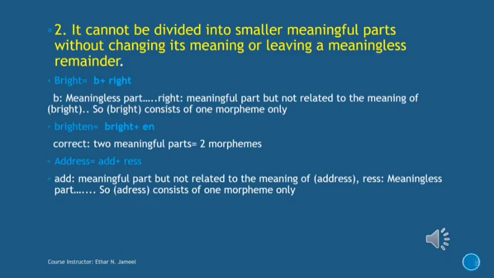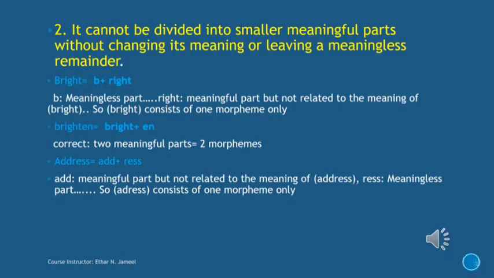A word can be divided into morphemes, but the morpheme cannot be divided in two parts, because remember that the morpheme is the smallest meaningful unit of a language. It means we cannot divide it further in two parts.